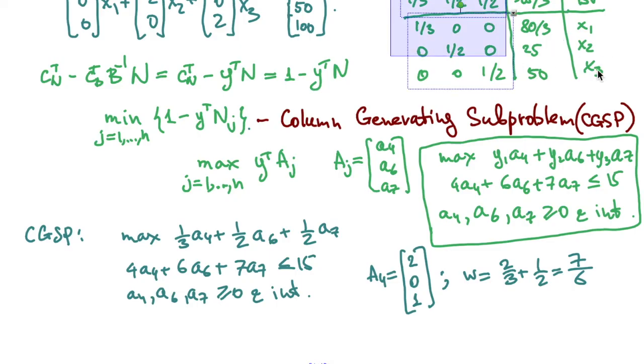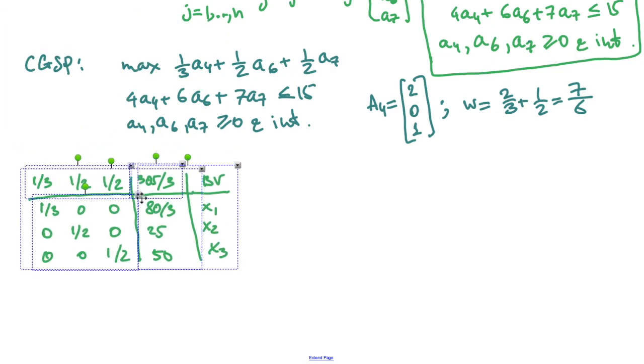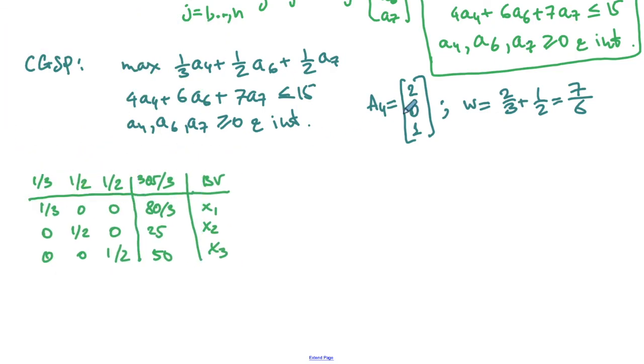So let me copy the data that we have here. First of all, we need to convert the entering column to the basis that corresponds to the basic variables x1, x2, and x3. For that, what we need to do is multiply B inverse by A4. So we obtain B inverse times A4 is 2/3, 0, and 1/2.